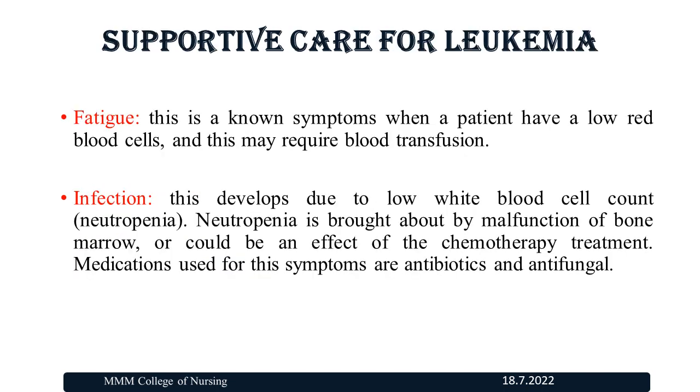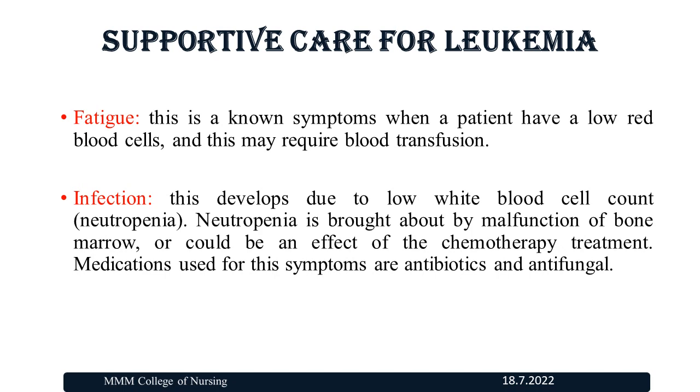Further supportive care for leukemia: fatigue. This is a known symptom when a patient has low red blood cells, and this may require blood transfusion. Infection, this develops due to low white blood cell count. Neutropenia is brought about by malfunction of the bone marrow or could be an effect of the chemotherapy treatment.